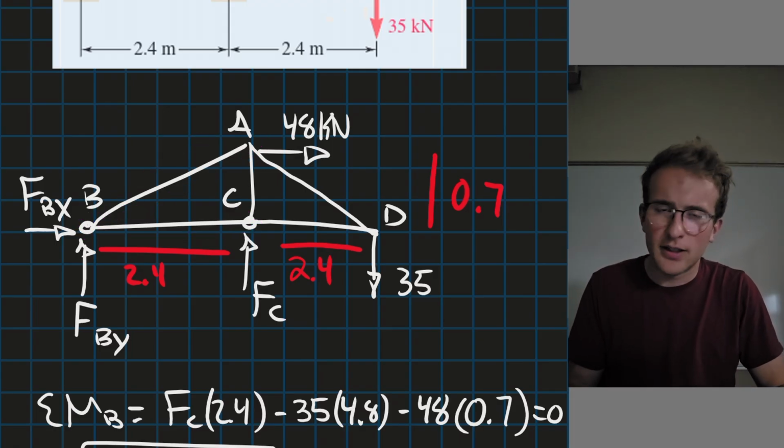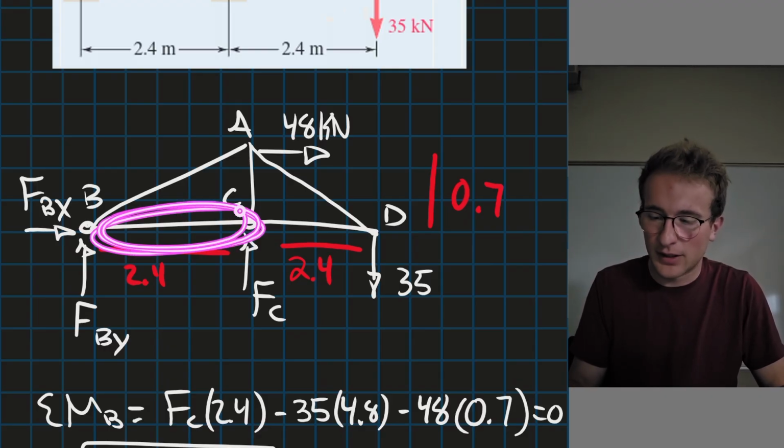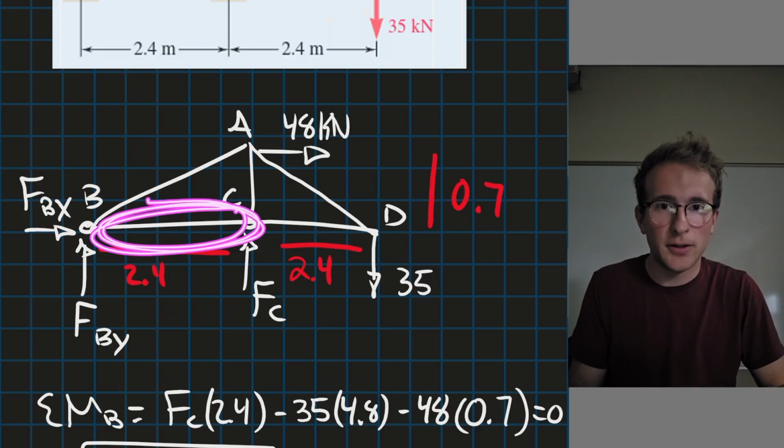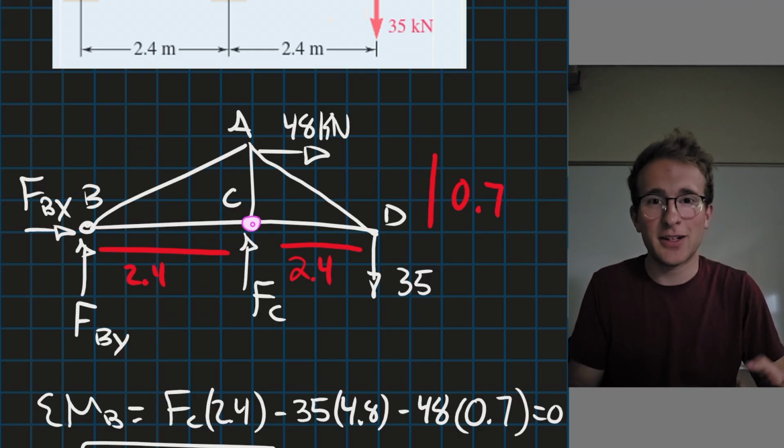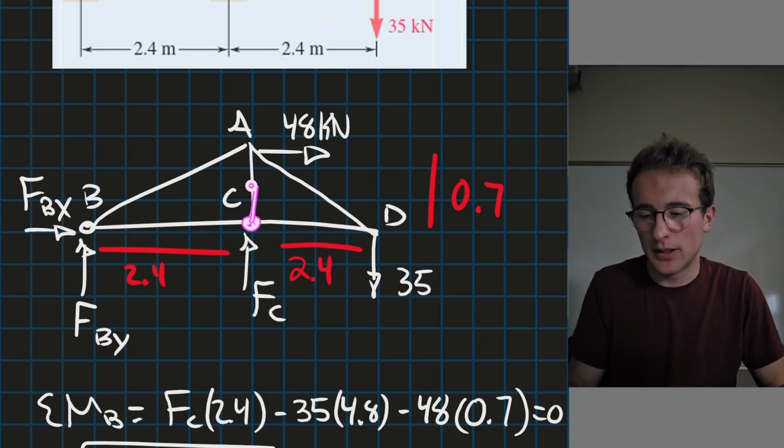And once we have that, then we can move on to point C, right? Because we already previously solved for this tension when we looked at point B. So now, when we look at point C, the only two unknowns will be this tension and this tension.